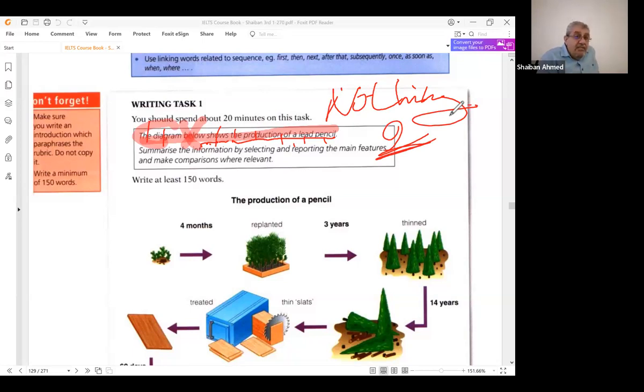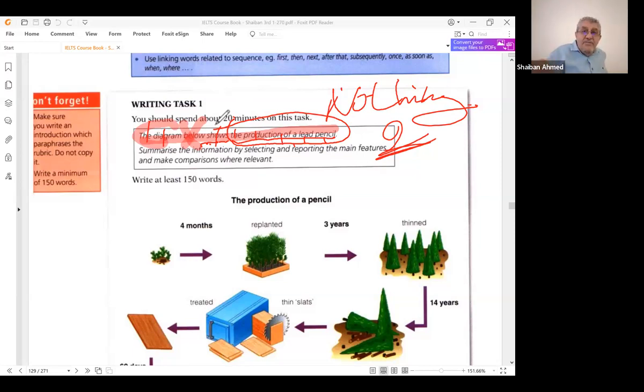But here, the figure presents the production of lead pencil. So the production of lead. Do we have another word for pencils? So you don't say pencil. So pencil's a pencil. Okay. And yes, so that's a pencil or lead pencil.